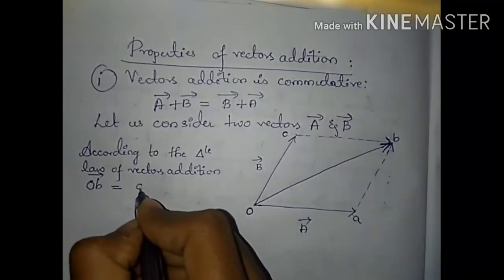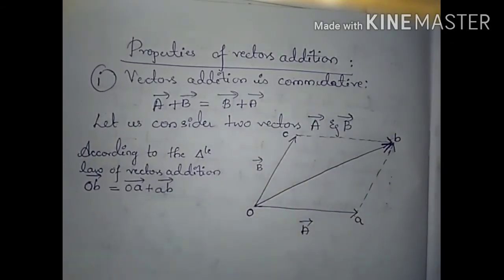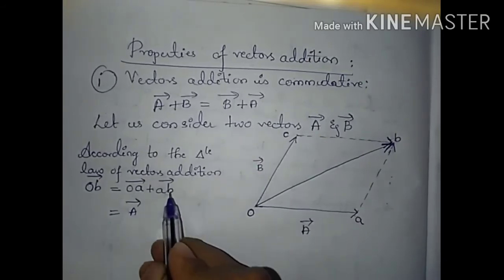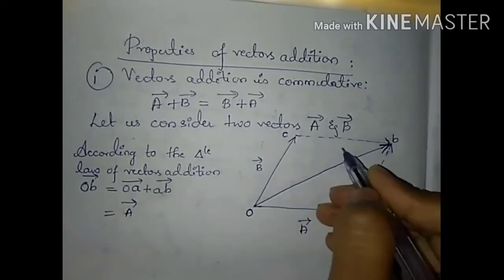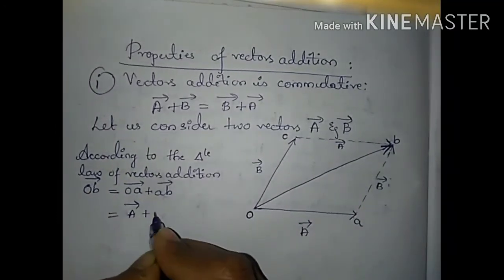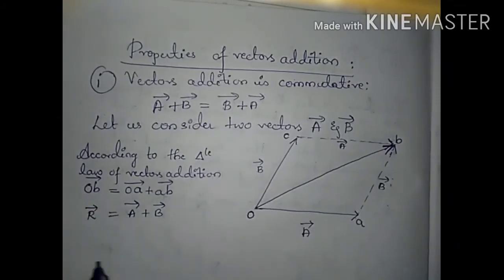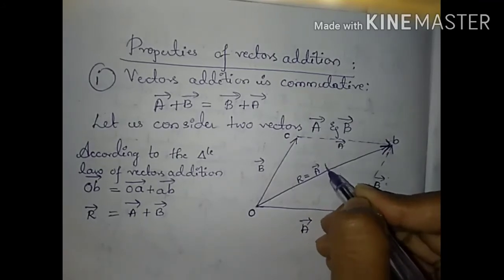OA plus AB. So OA, you know, it is vector A. What is AB? AB is vector B. So OB is what? Resultant vector. So resultant vector here is what? Vector A plus vector B.